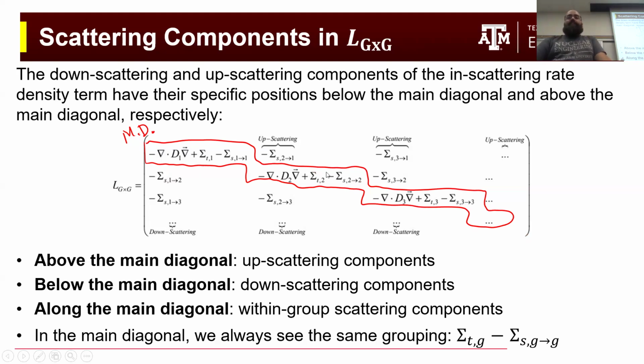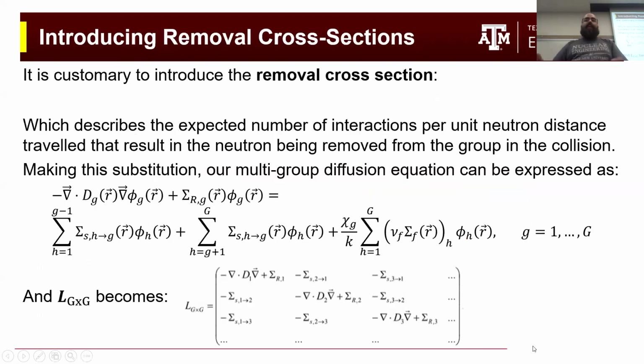And by definition, since we always see the total minus the within group terms together, it's common because of that grouping to give that quantity its own name. That sigma total for a group minus the within group scattering for the group, we call the removal cross section.